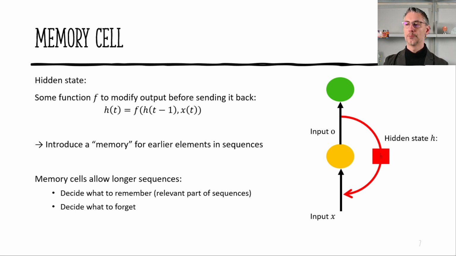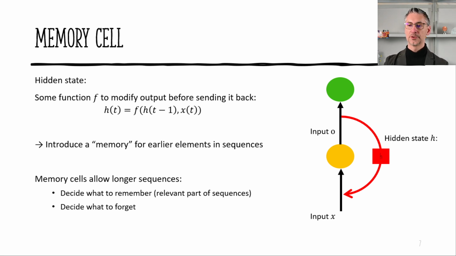Now we add a little box, and this introduces our hidden state. The hidden state is essentially some function that modifies the output before sending it back. Before, in the simple recurrent network, we were just sending the output of the node back as input. But nothing is stopping us from modifying it, and this is what the hidden state does.